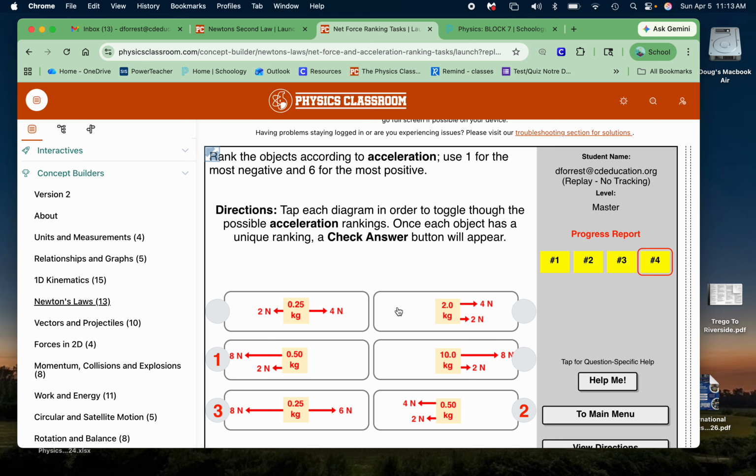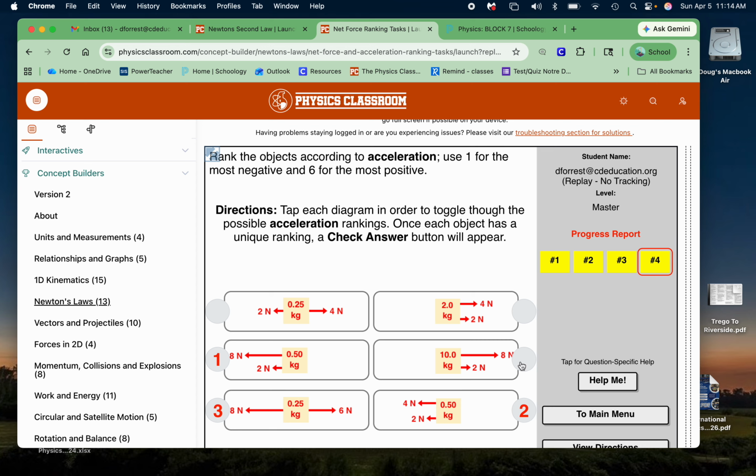Now I'm thinking of these in terms of the positive. So here I have 4 minus 2. That's 2 newtons of net force divided by 0.25. That's positive 8 meters per second squared. Here I have 6 newtons, but it's divided by 2 kilograms, so that's positive 3 meters per second squared. And here I have 10 newtons divided by 10 kilograms. That's positive 1 meter per second squared. So 10 divided by 10 is a positive value, but it's not very positive.